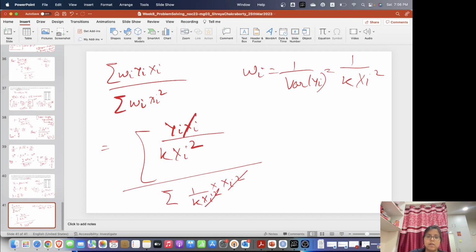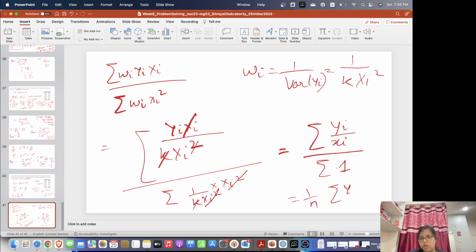Xi square will cancel, and k is a constant, it will also cancel. So we would have summation yi by xi divided by summation 1, that is 1 by n summation yi by xi. Is it okay?